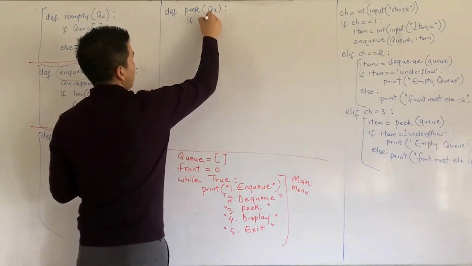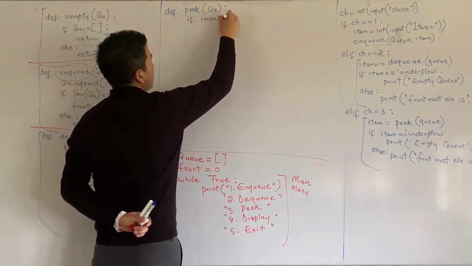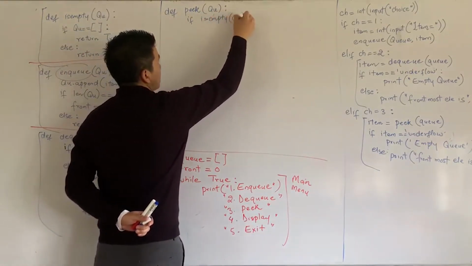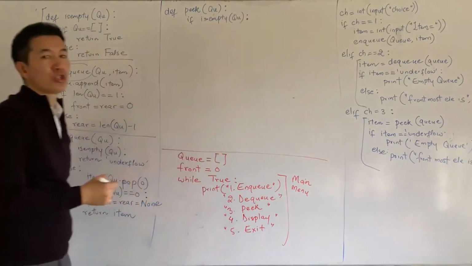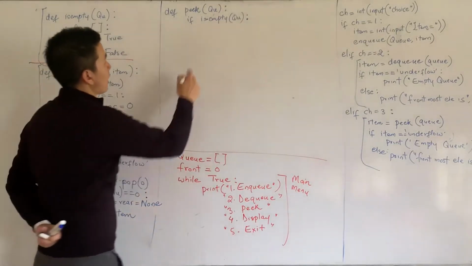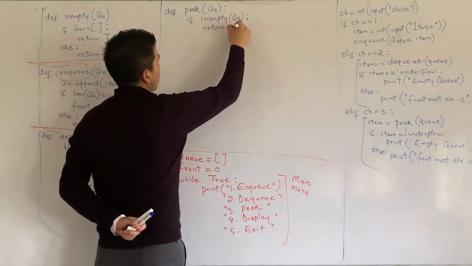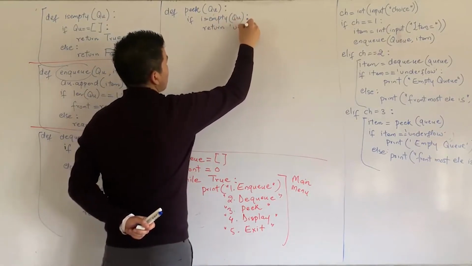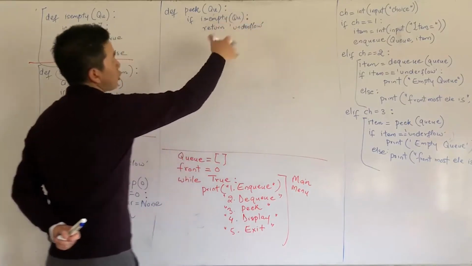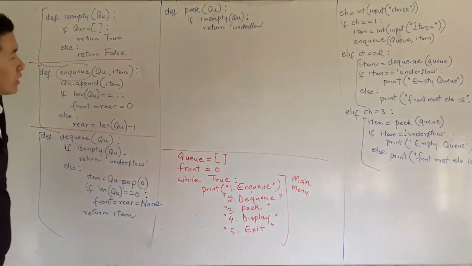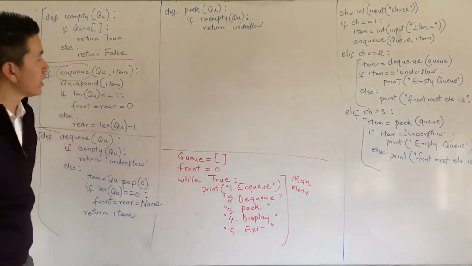So let's call the function is empty, and then I send the Q. If the condition is true, what happens? You have return underflow. If there are no elements in the queue, I need to pass on the statement of underflow. If it matches, then I'll get the message of empty queue.